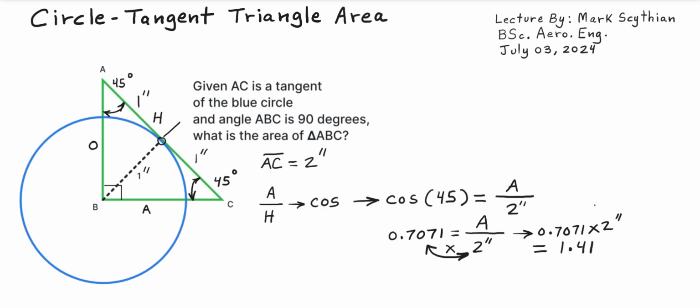And again, it's the 3-4-5 rule, or the square root of 2 bisected symmetry of a triangle. But we've proved this through an analysis method, so we know that the length of side B to C is equal to 1.41 inches.